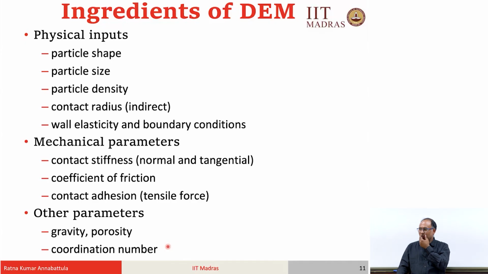Now, let us take him. His coordination number is also 3. Interestingly, nobody has a coordination number of 4 in this class. You sat in such a way that you do not have a coordination number of 4.